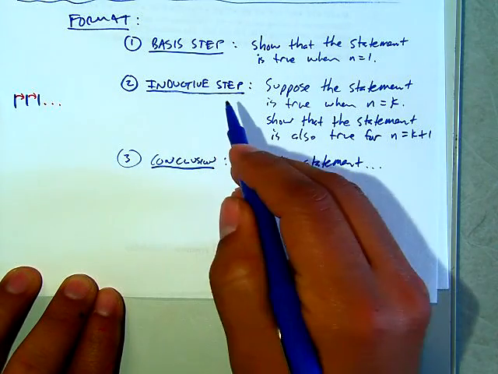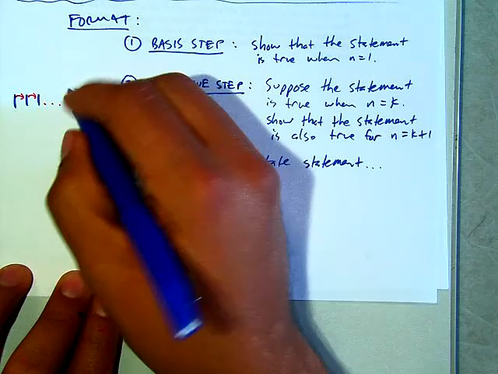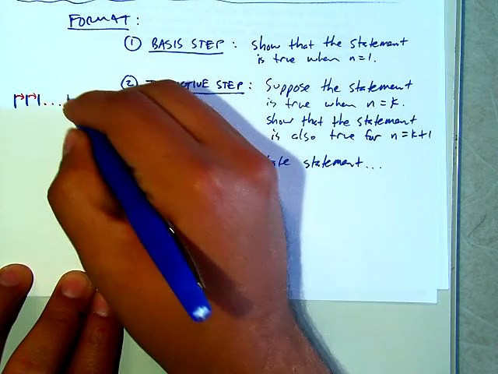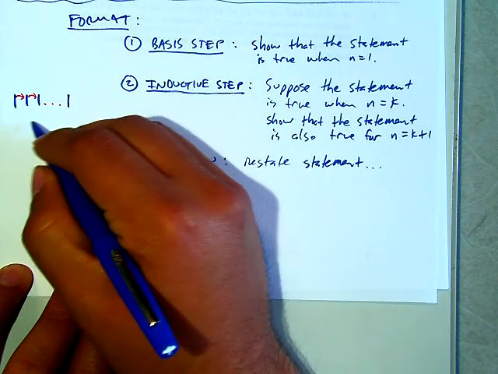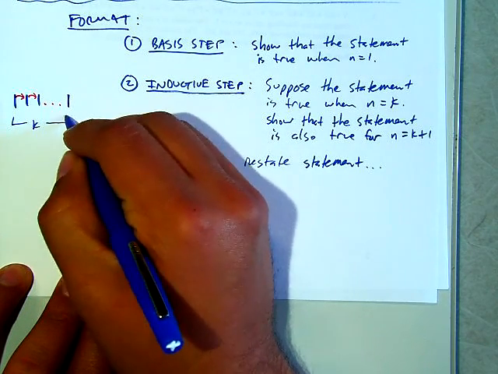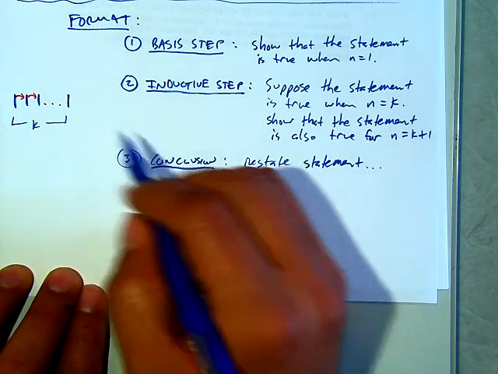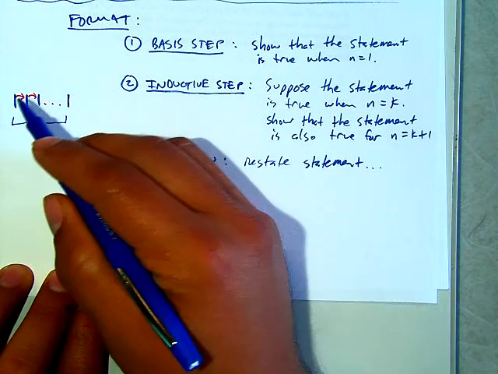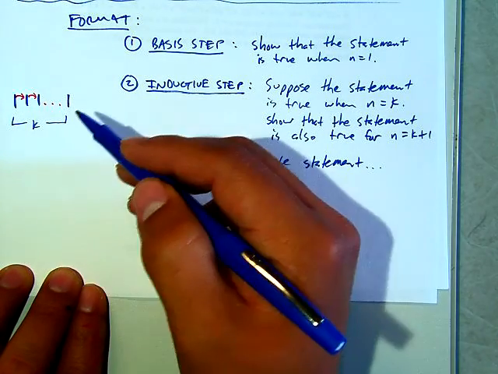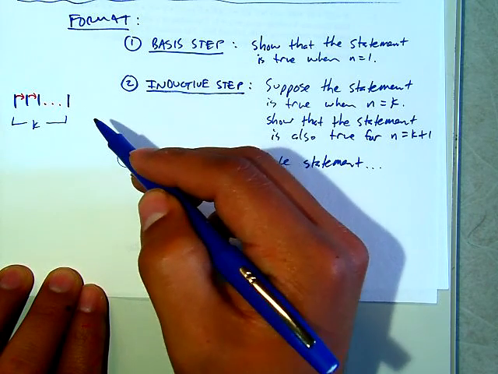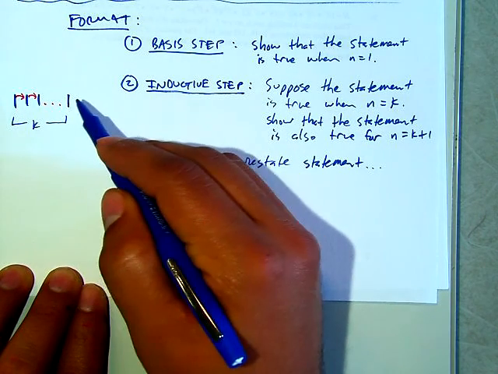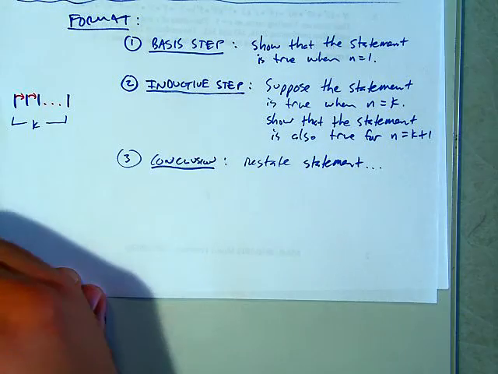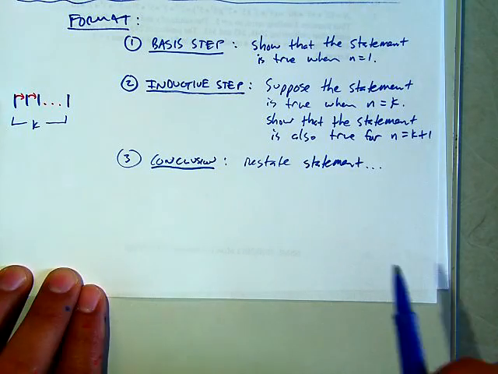So now here's what the inductive step means. The inductive step means that somewhere along the line, now we have k dominoes, okay? And we're supposing that up through k works. What that means with the domino analogy is basically that all k dominoes so far are knocked over, okay?